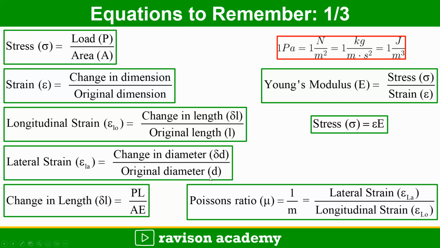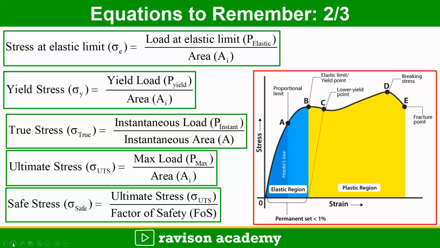Now we can find the change in length, delta L equals PL by AE, and Poisson's ratio is the ratio of lateral strain to longitudinal strain. The stress at the elastic limit is the load at the elastic limit divided by the initial area. Yield stress is the yield load by the initial area.